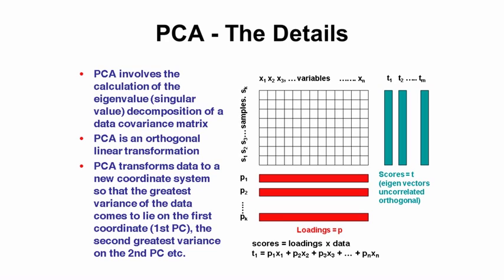In mathematical terms, it's an orthogonal linear transformation, so it transforms data in one coordinate system, which might have hundreds of dimensions, into one that could have, well, an equal number, but into eigenvalues, which represent coordinates, if you want, which capture the greatest variance. So the one with the coordinate, or the eigenvector that has the greatest variance, is identified as the first principal component. The second one is the second principal component.